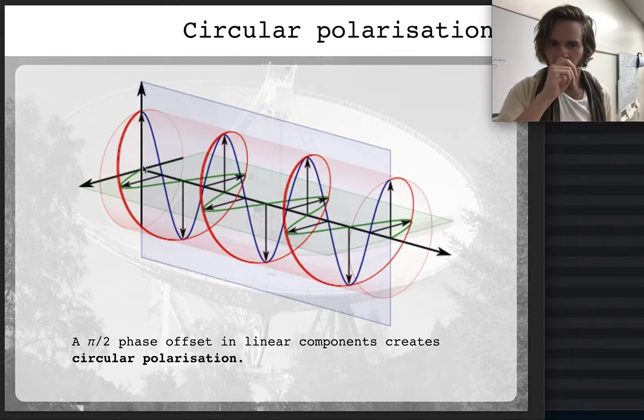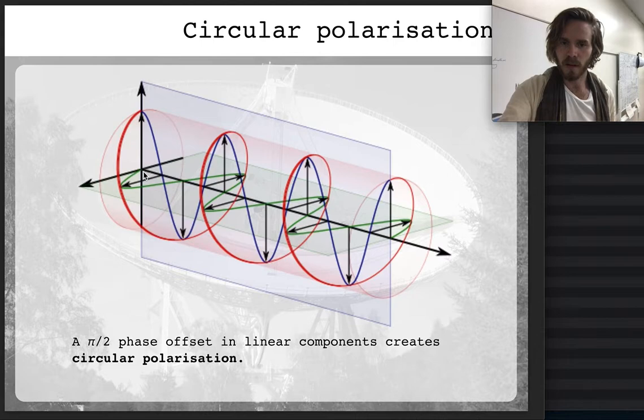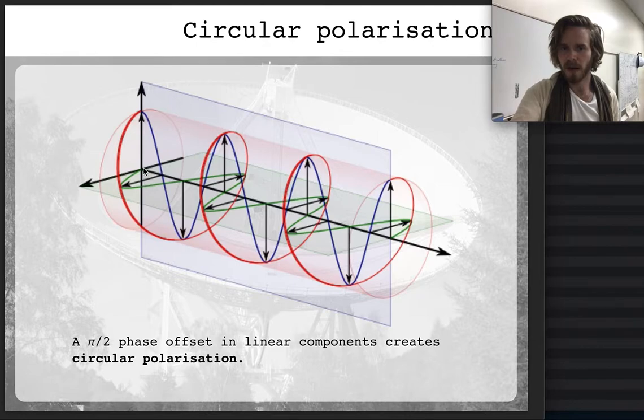At time 0, the y component of the electric field, this blue line, is at full power. It's at its peak here. And the green component, the x component, is at 0. So combining those two waves, you're combining nothing with something, so it is clearly dominated by the something.